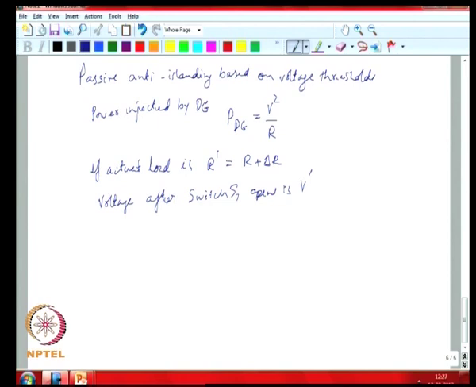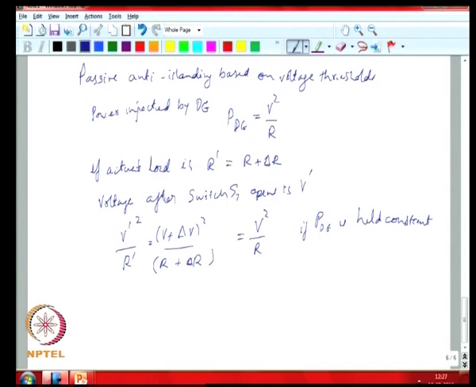So, we will have now V prime square by R prime, where V prime is V plus delta V, squared.